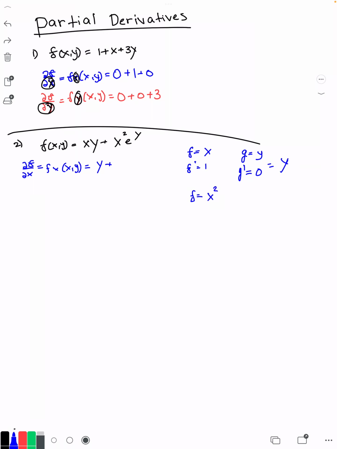F is x squared, g is e to the power of y, f prime is 2x, and g, since it's with y again, it's going to become 0. So basically we're going to have 2x e to the power of y plus x squared multiplied by 0, which is 0. So we're going to be left with that. So the answer is going to be y plus 2x multiplied by e to the power of y.